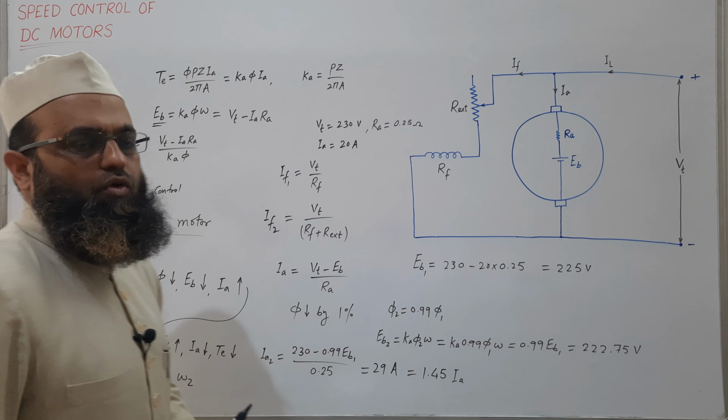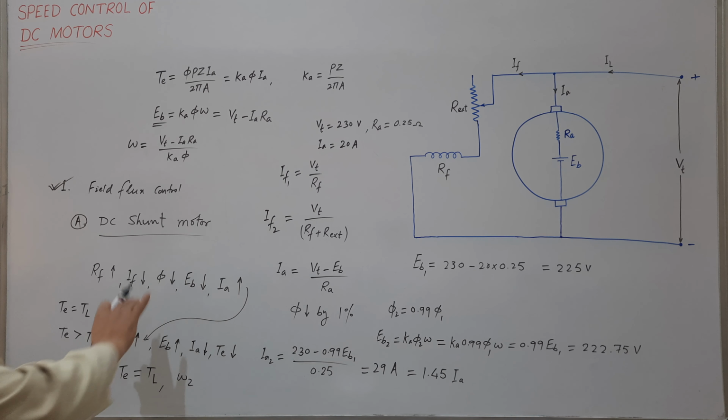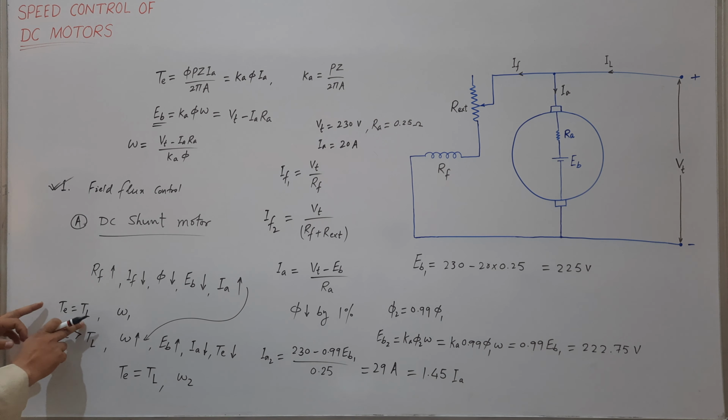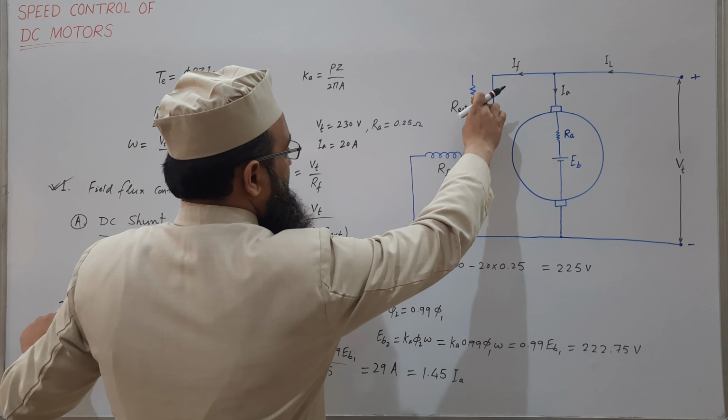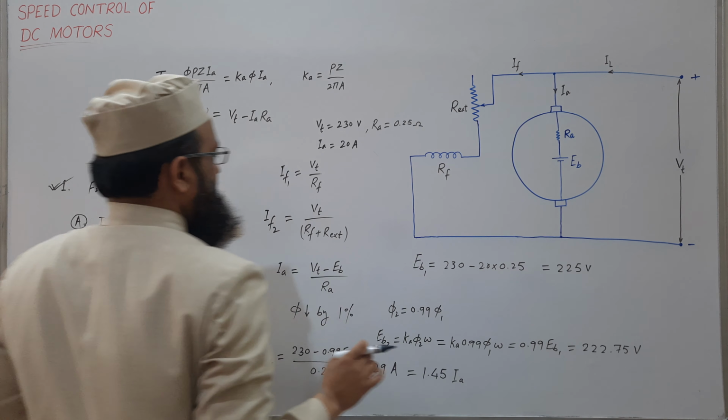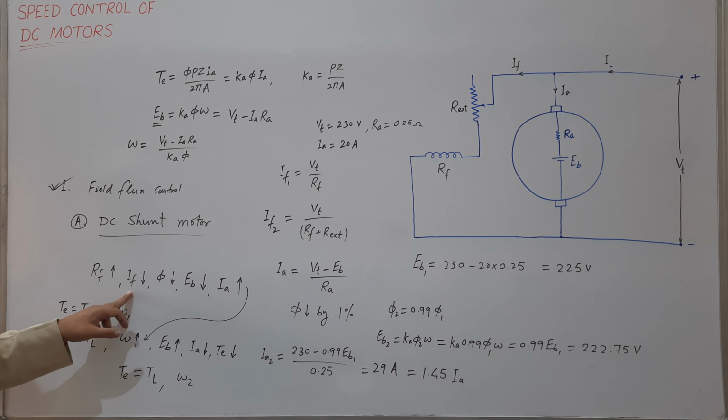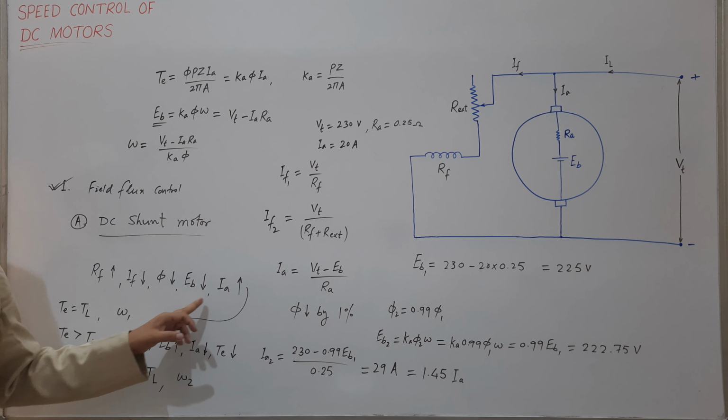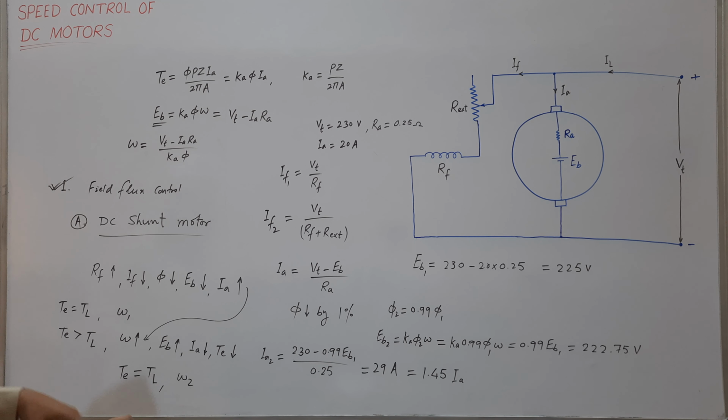So for that constant torque load, what happened earlier: by increasing the effective shunt field resistance, IF decreased, then phi decreased, EB decreased, hence IA increased. By increasing IA, TE becomes higher than TL, hence the motor started accelerating.